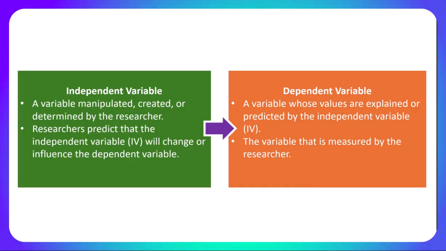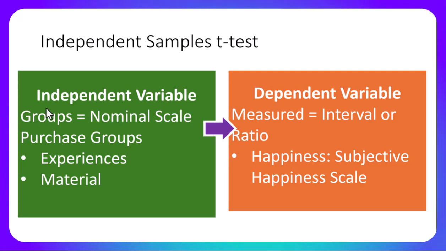So when we're looking at an independent samples t-test, in this context, we're looking at two different groups, and typically that's what the independent samples t-test is used for, looking at two different groups or conditions. This is considered a nominal scale variable. This is important for the independent samples t-test. It has to be nominal.